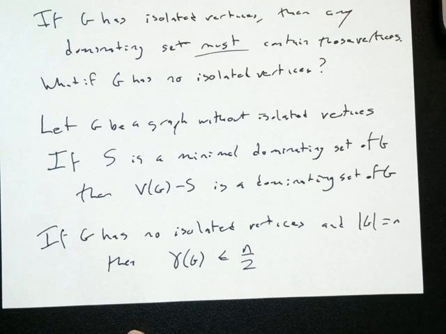Can't do that. But then I have S plus V(G) minus S. That has to add up to all the vertices, n. I'm starting to confuse myself. Hang on a second.